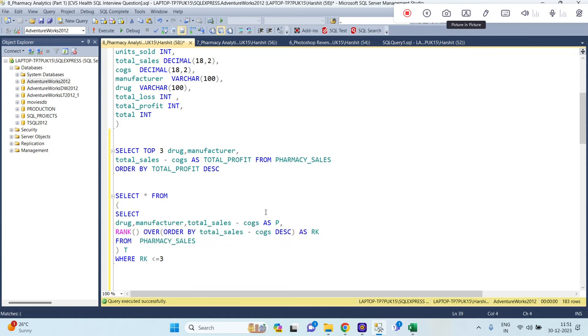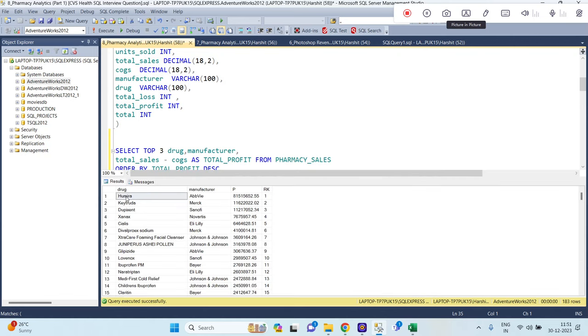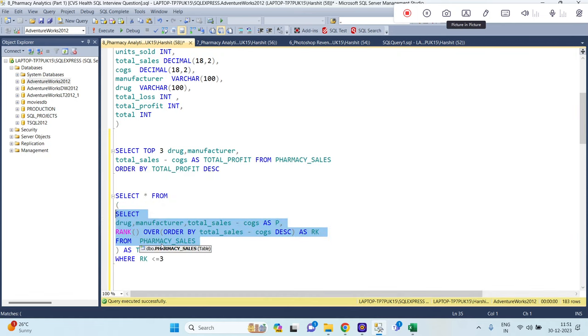And how? We have given it an alias T. So now this T is considered as a table, and all the result set from this query, these four rows, are now considered as table T.